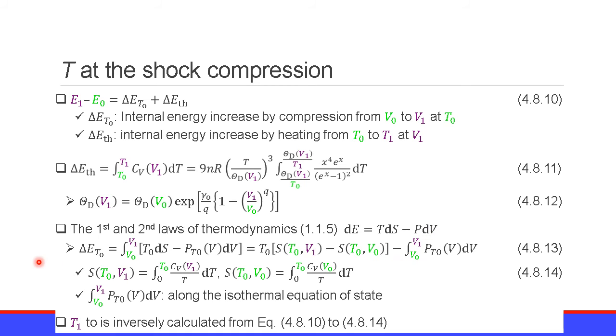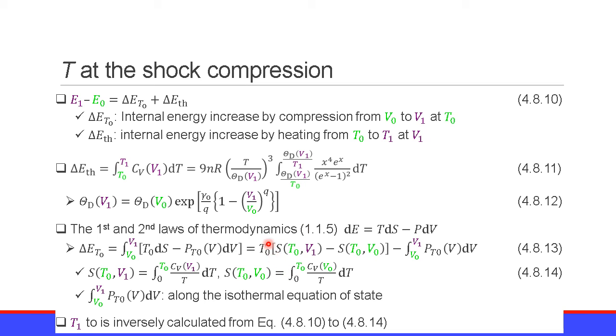Then the internal energy increase by compression from V0 to V1 is expressed in this way: T0 times dS, the integral with respect to entropy S, minus the pressure at temperature T0 with respect to volume.